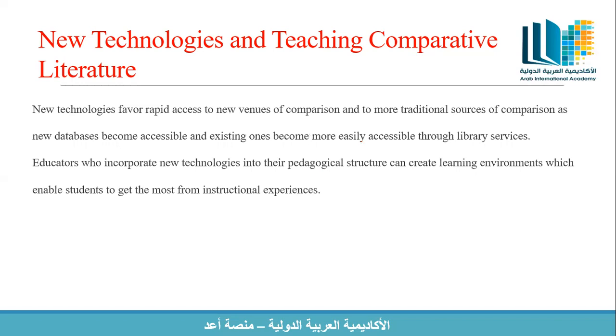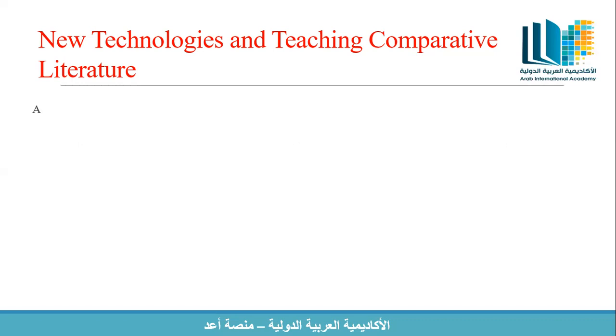New technologies favor rapid access to new venues of comparison and to more traditional sources of comparison, as new databases become accessible and existing ones become more easily accessible through library services. Educators who incorporate the new technologies into their pedagogical structure can create learning environments which enable students to get the most from instructional experiences.